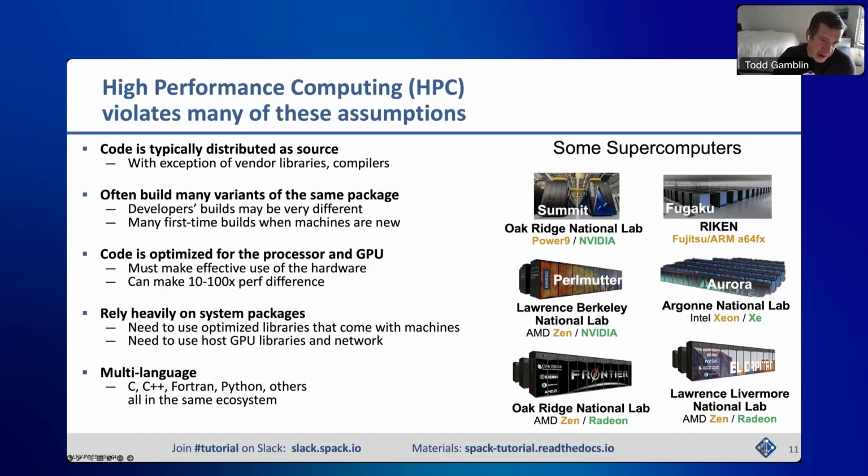And at the same time that you're building all this stuff from source, you rely heavily on system packages, because at most HPC centers, you've got admins who are deploying system libraries like MPI, like maybe the system CUDA, system ROCm, and you need to rely on those because they are tuned for the machine. They're configured in a way that the admins know to work well at the site for its network or whatever, and you need to use the optimized libraries that come with the machines, and they may be proprietary as well.